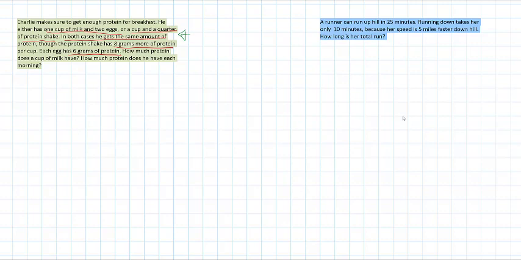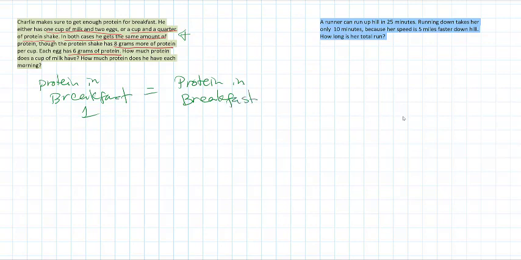So what we know is that protein in breakfast 1 is equal to protein in breakfast 2. So that gives us already a framework of how to build our model. We can compare the protein in both breakfasts and see if we can solve that.